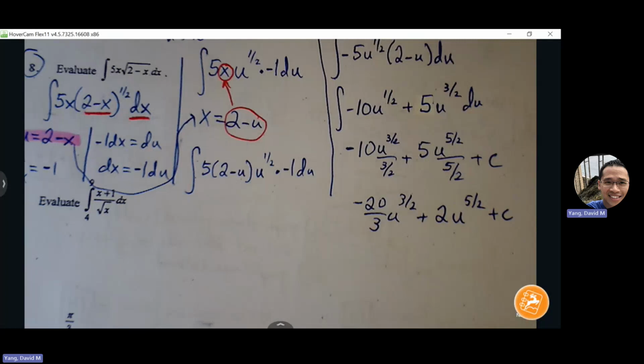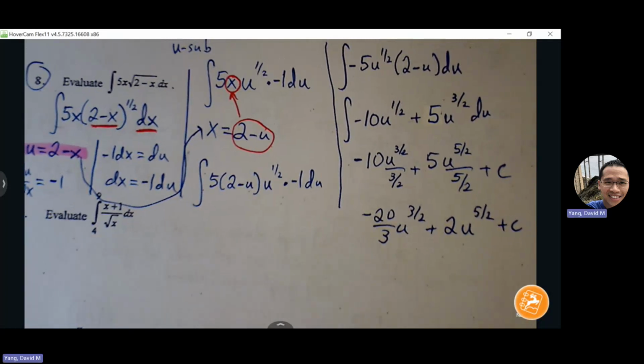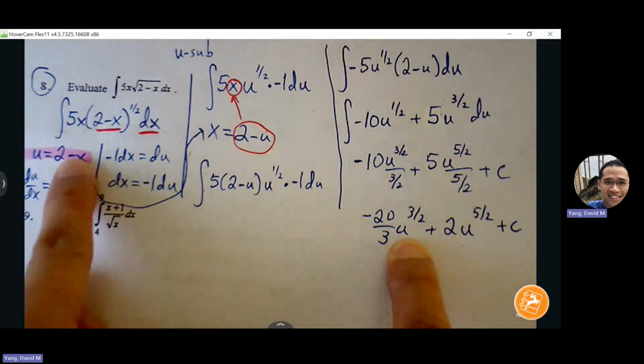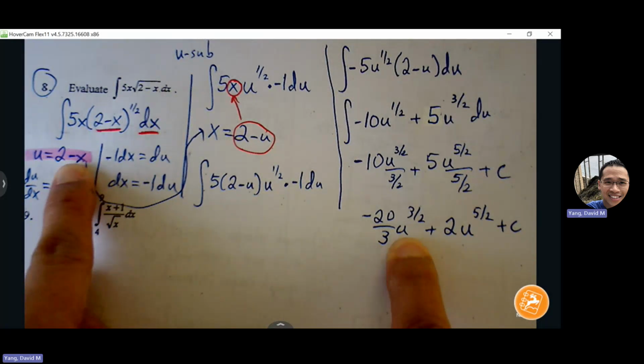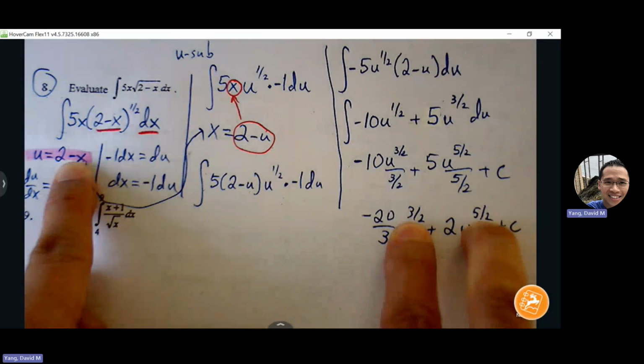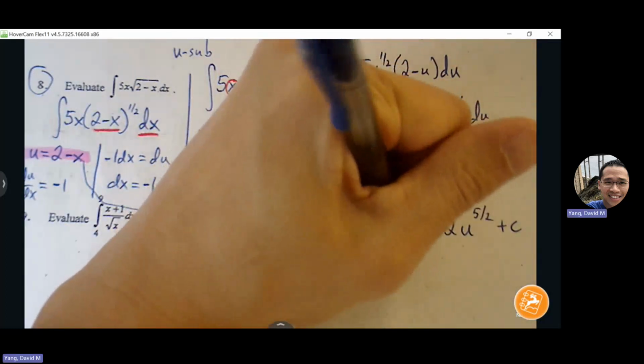Can this be our final answer? Okay, bring back what? Bring back your variable, right? Bring back your x. Your u is only a temporary variable. You can leave that as radical form or rational form, that doesn't matter, but we want to make sure we bring back what we started with.